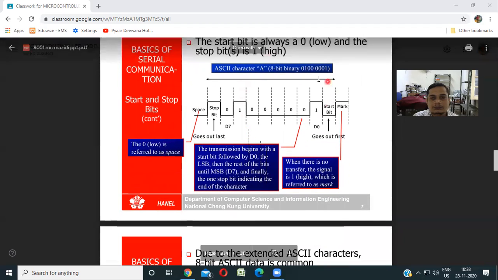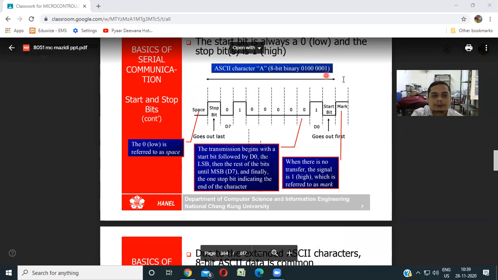Here you can see an ASCII character. Let us take an example of how to represent an ASCII character. The ASCII character A, in double quotation, and its equivalent in binary form is 0 1 0 0 0 0 0 1. If you want to send the character A from the sender to the receiver, how do we make a frame?